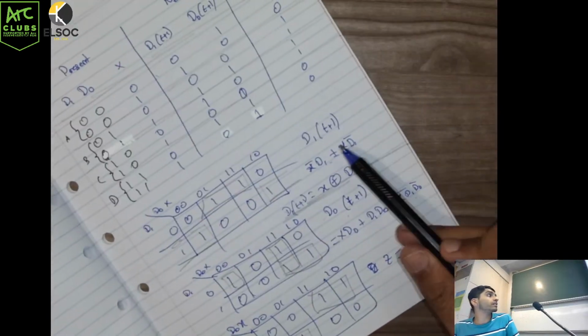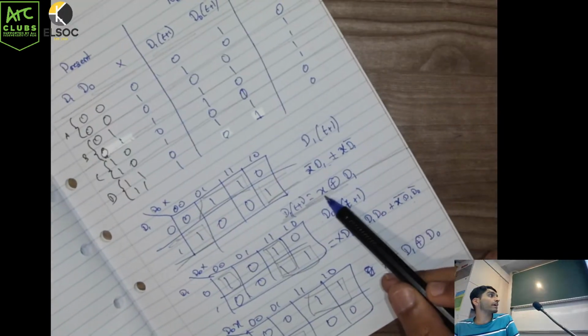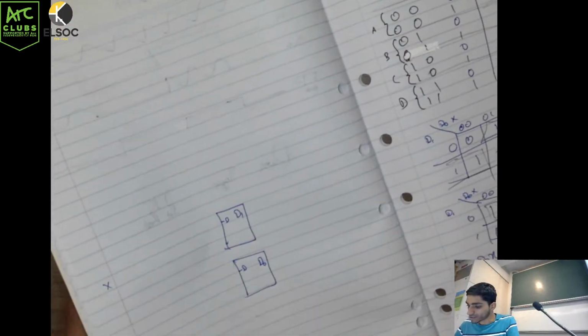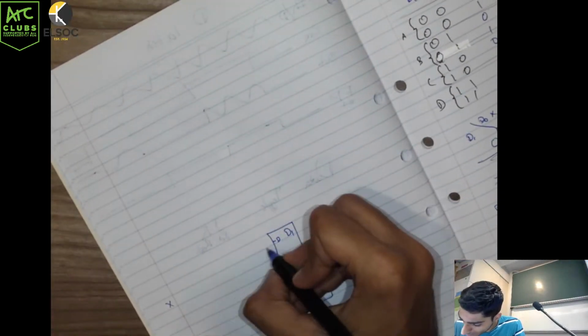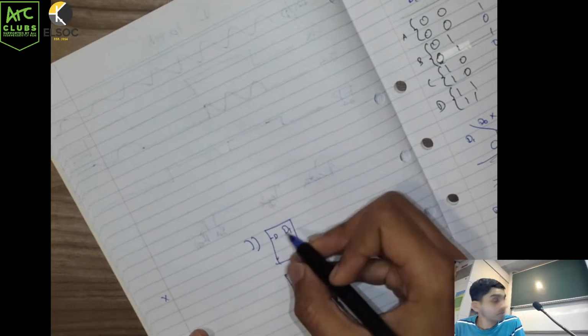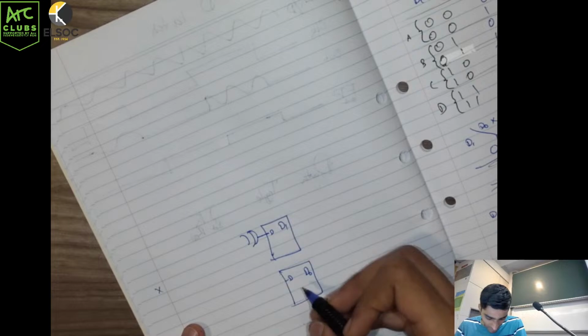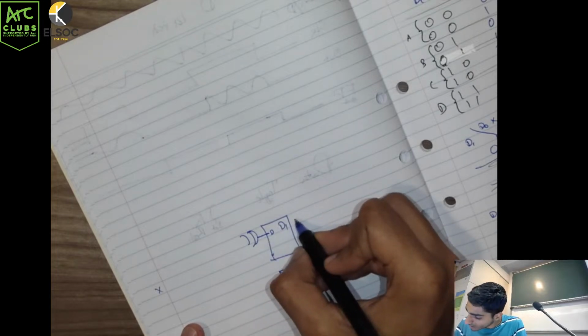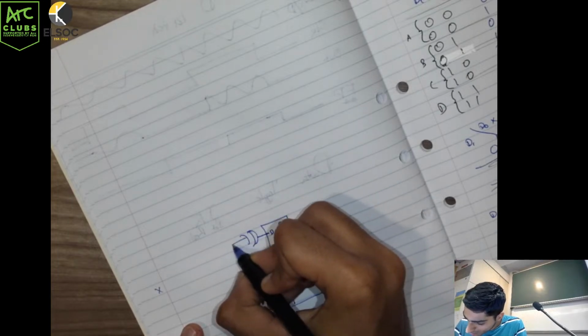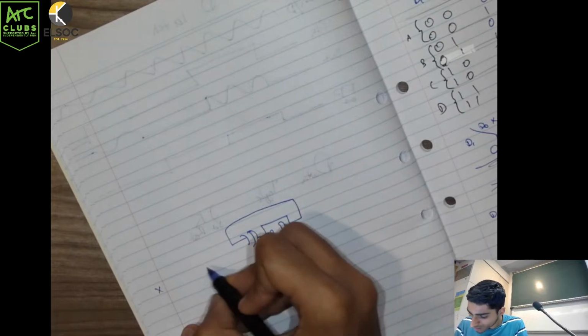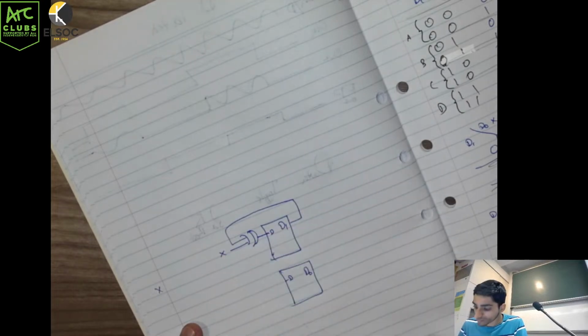Okay, so we have said that D1 is the XOR of X and the current D1. The next D1 is the XOR of the current D1 and the X. Okay?